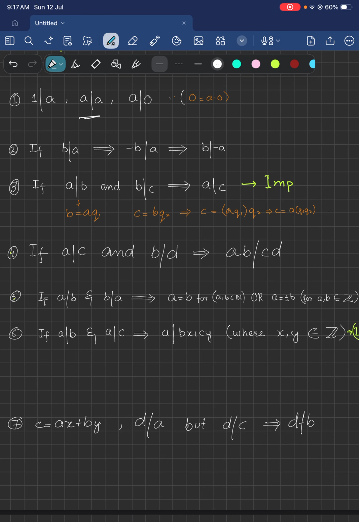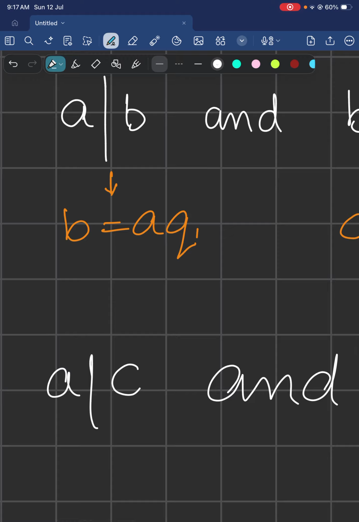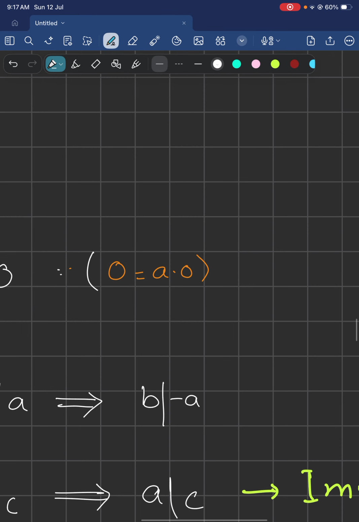So the very first property is the transitive property. If a divides b and b divides c, then a would divide c. And the proof is: b is a multiple of a. Just like I told you, if a divides y, we can write it as y equals ax, because y is a multiple of a.